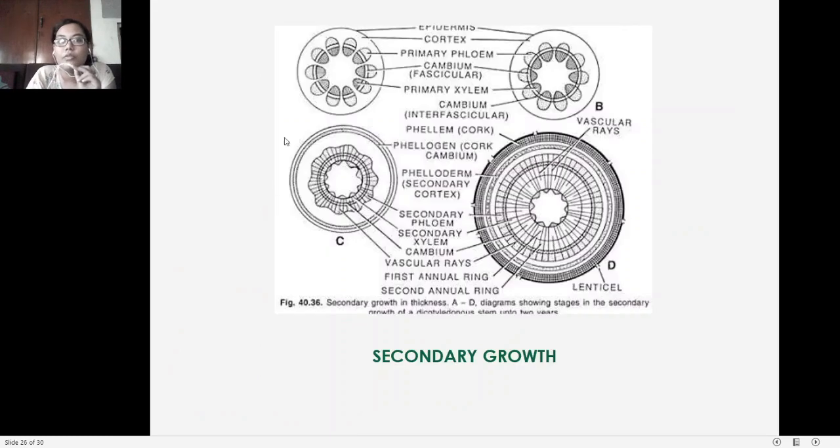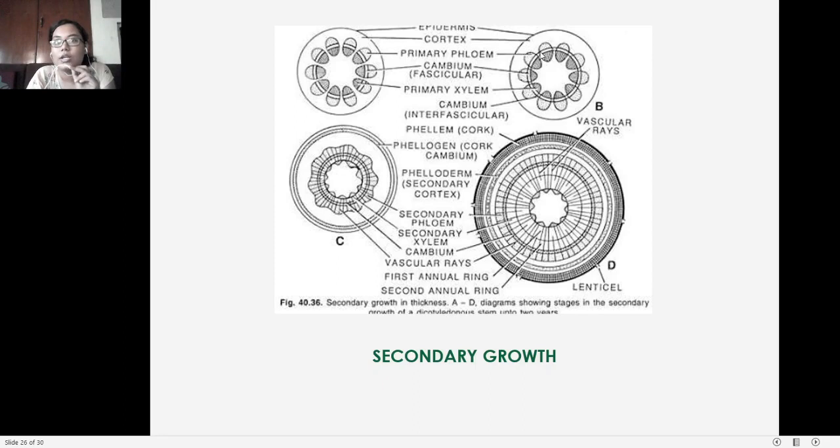Here you can see the intrafascicular cambium, and in the middle of these two vascular bundles we can see the medullary rays. So this is the intrafascicular cambium between xylem and phloem, and between these two vascular bundles we can see medullary rays.